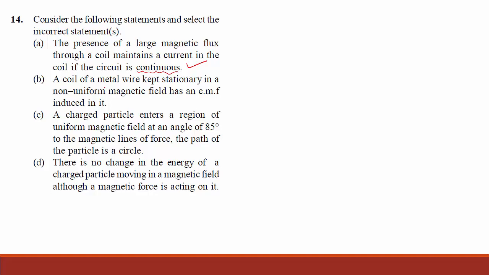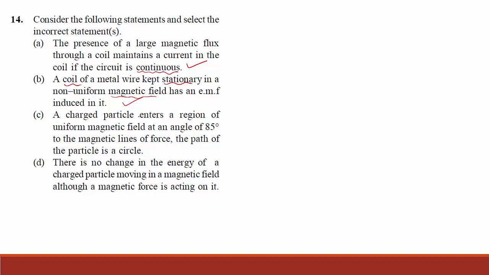The second one: a coil of a metal wire kept stationary in a non-uniform magnetic field. Yes, here the coil is at rest. The coil is stationary, but it is kept in a non-uniform magnetic field. That means there is a change in the magnetic field, so induced EMF takes place. So this is also a right statement. Come to the third one.